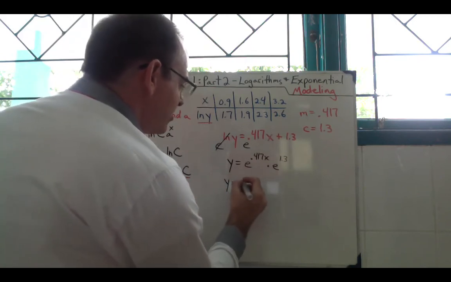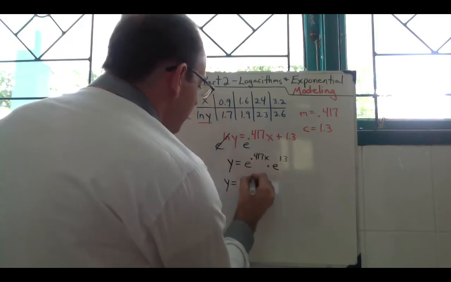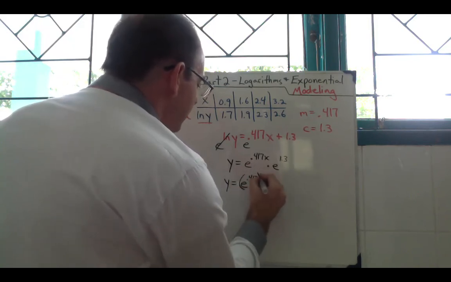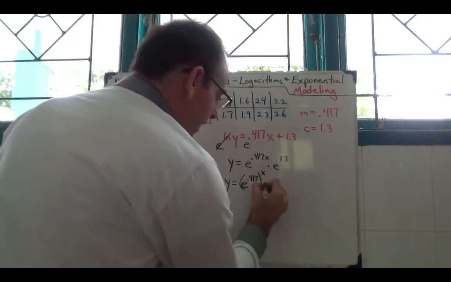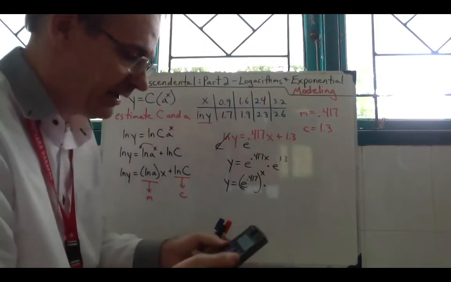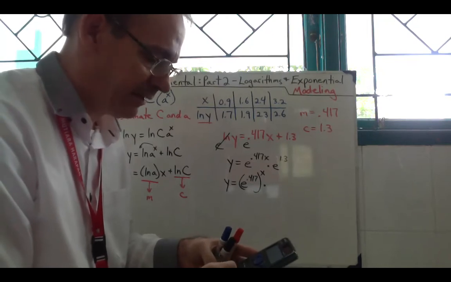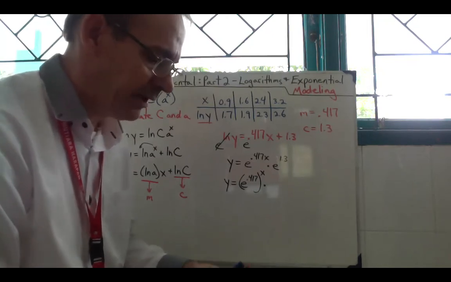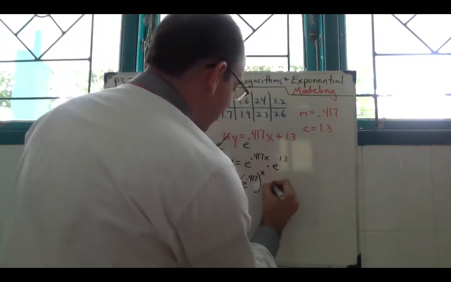So y equals e to the 0.417x times, and now this e to the 1.3, so if we do e to the 1.3 on our calculator, we get 3.669.